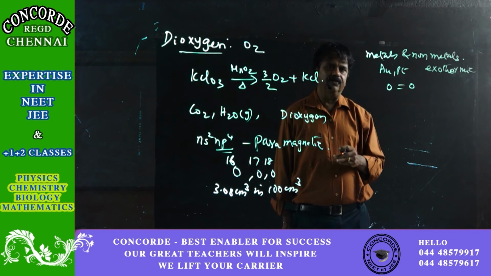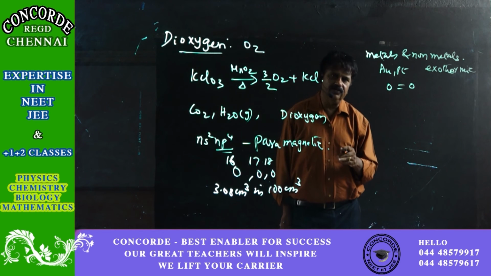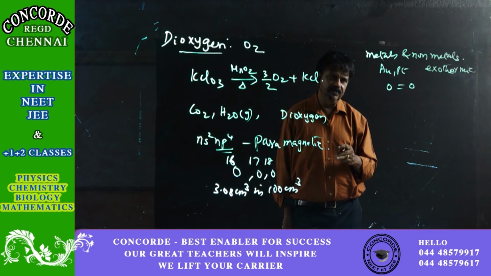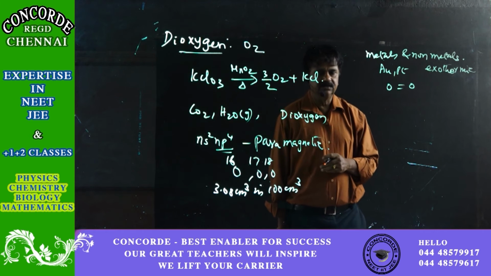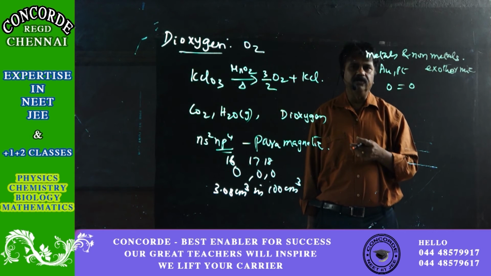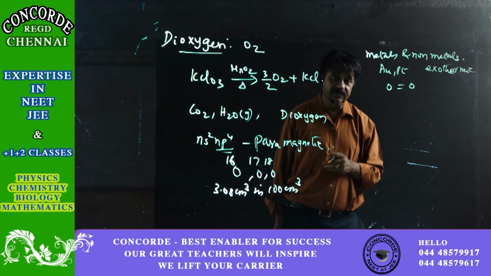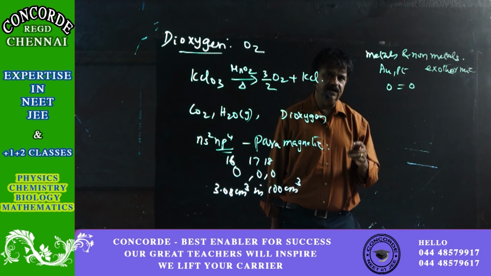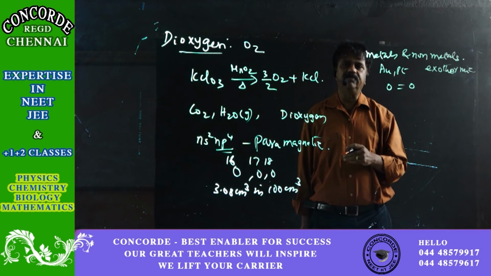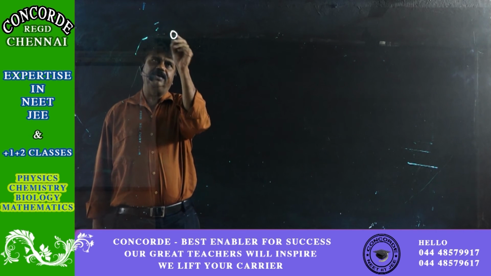You know about the welding process; apart from acetylene, oxygen is also required. One of its important compounds is water, which is universally required by living beings. Unless there is oxygen and water, there can never be living beings. Another important compound of oxygen is ozone.